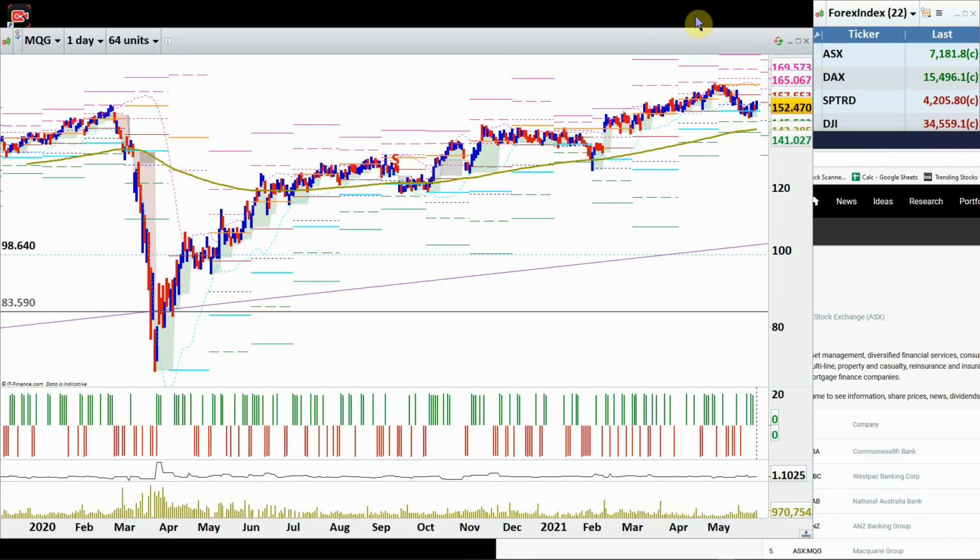Macquarie is not that good because it is not as strong as CBA. Having seen the first five, we go to the process of elimination and eliminate the weakest one among them. This one is going up but not that much, so we'll ignore it, and we ignore ANZ, National and Westpac.